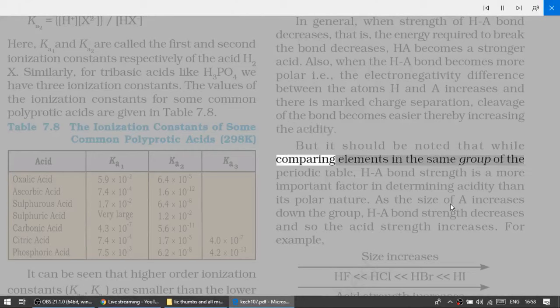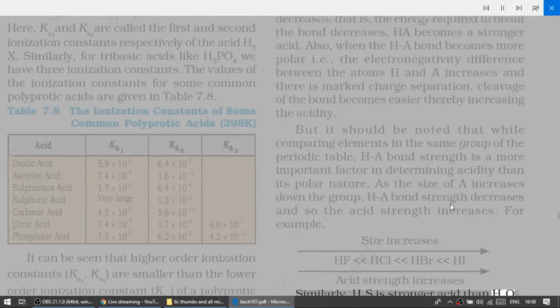But it should be noted that while comparing elements in the same group of the periodic table, H–A bond strength is a more important factor in determining acidity than its polar nature. As the size of A increases down the group, H–A bond strength decreases and so the acid strength increases. For example, size increases in HF, HCl, HBr, HI, and acid strength increases. Similarly, H2S is a stronger acid than H2O.